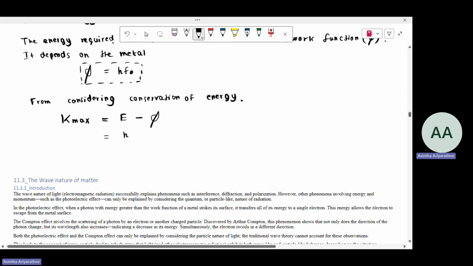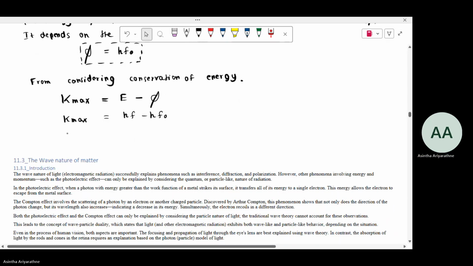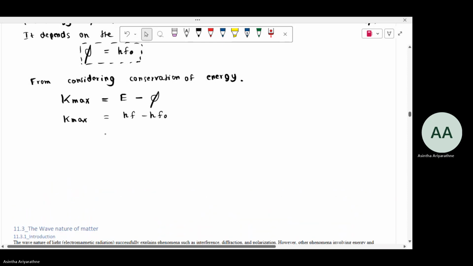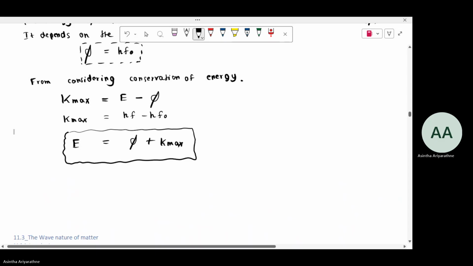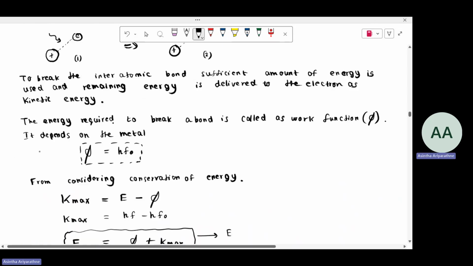That is, E is equal to phi plus K max. So this is called Einstein's equation for the photoelectric effect.